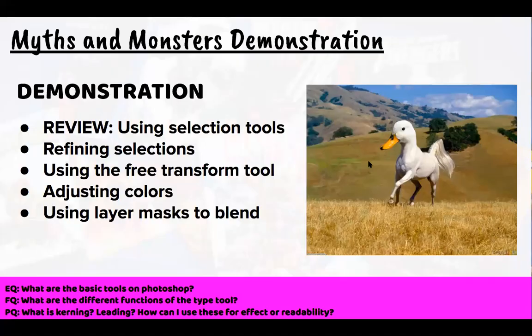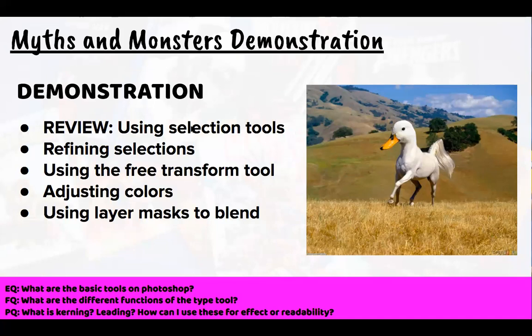I'm going to do a demonstration now with the images I provided for the lesson. And just remember, any of you who are just joining us, you can use any animal pictures you'd like. You basically have one animal. So for this person, they used the horse as the background, and then they cut out the duck.